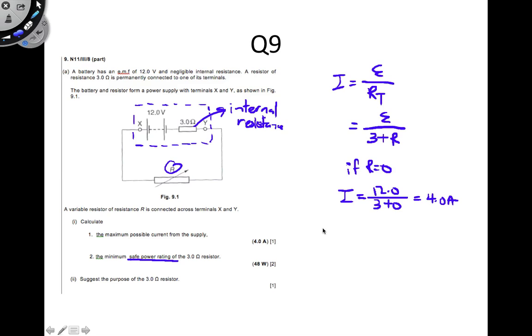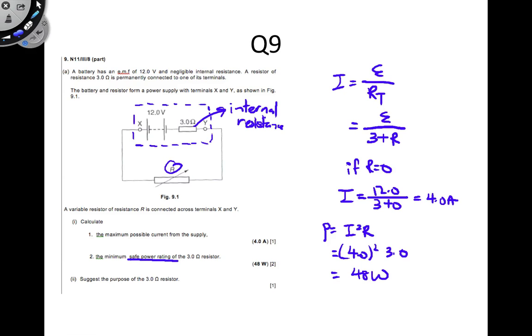It's quite straightforward. I just apply P equals I squared R, with the maximum current from here. So 4.0 squared times resistance 3.0, so I have 16 times 3, which gives 48 watts.